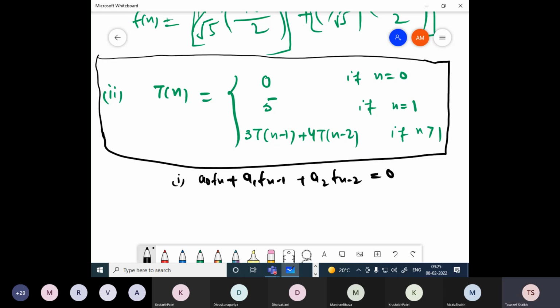This is the basic polynomial. Compare the recurrence relation which you will get from this example with this one to find the values of a's. The first step.